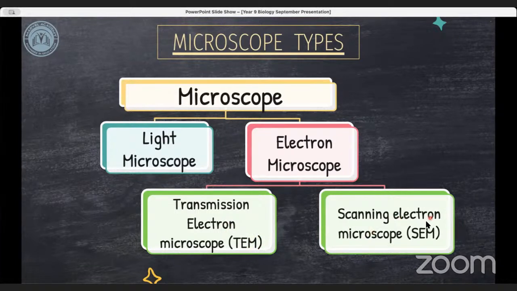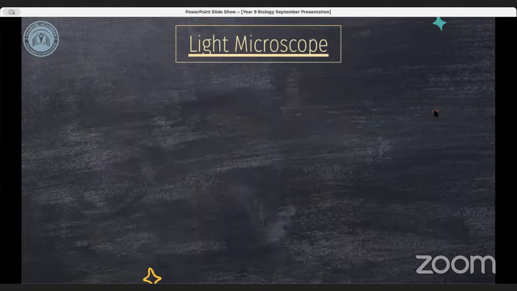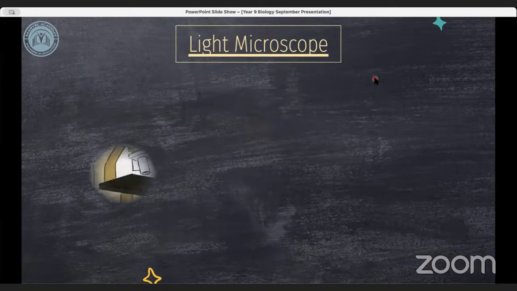And then we have the scanning electron microscope, which is the SEM. These are the two main types, but for the light microscope, we don't have further classifications. So let's pay our attention to the light microscope.